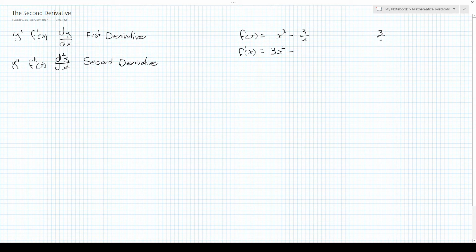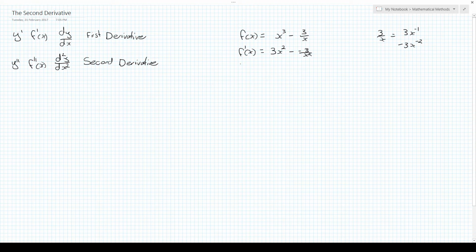So 3 over x is just equal to 3x to the power of minus 1. Our derivative here then is going to be minus 3 over x squared. So we take our minus 1 out the front, so it becomes minus 3 x to the power of minus 2. Minus 2 means it's inverse, hence that.